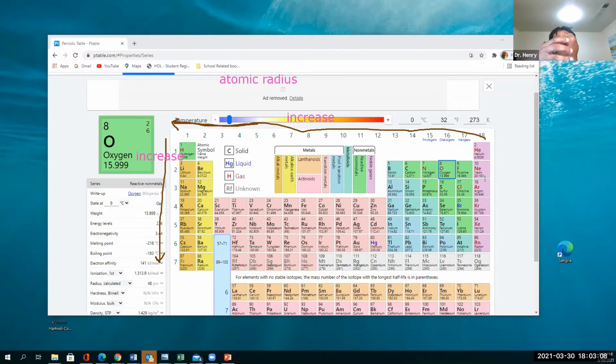Does that make sense? So that's the reason why it actually gets smaller as it goes from left to right, or increases as we go from right to left.